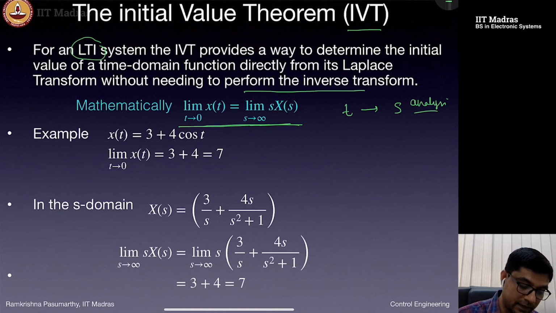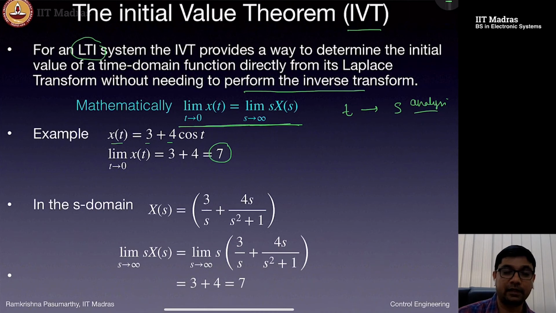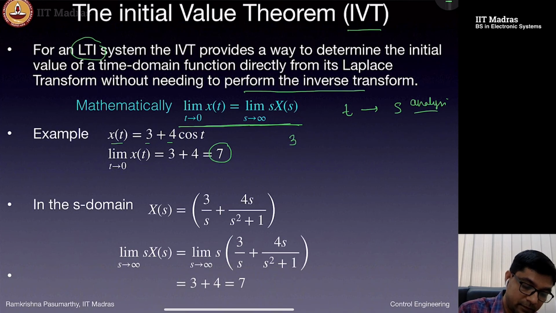Okay, so a little example I can do, say x of t is 3 plus 4 cos t. The limit t going to 0, x of t will be just 7. Okay, I can compute this in the time domain. In the S domain, I have 3 plus 4 cos t.